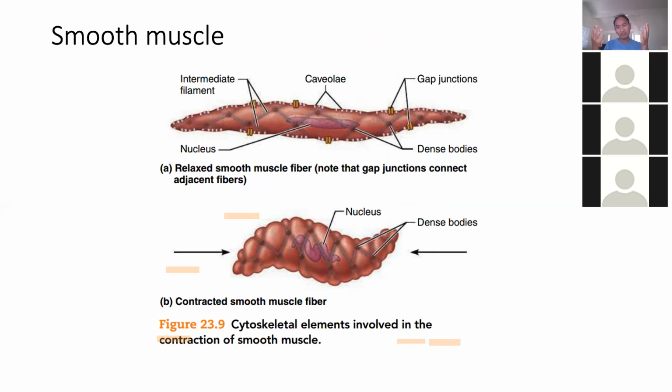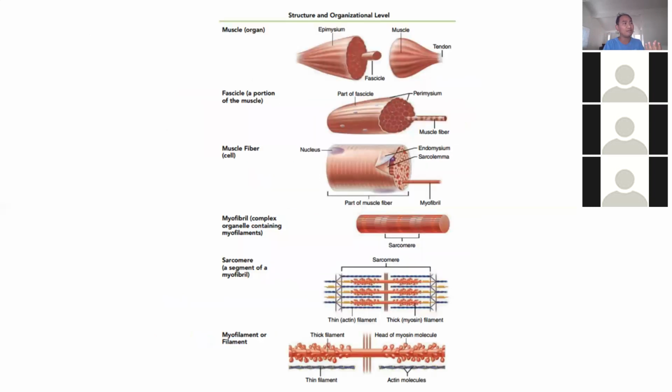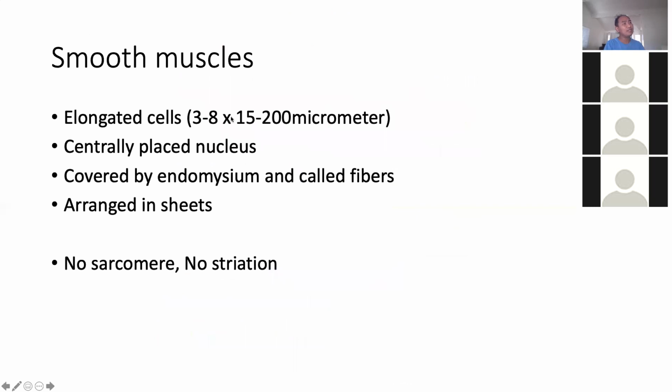So don't get confused between smooth muscle cell and smooth muscle fiber. It is just because of their elongated, fish-like shape. So they are elongated muscle cells. Do you know the diameter? Not really. Who cares?